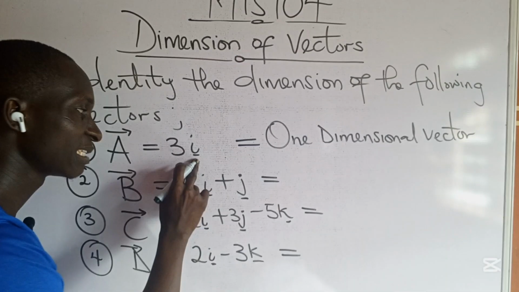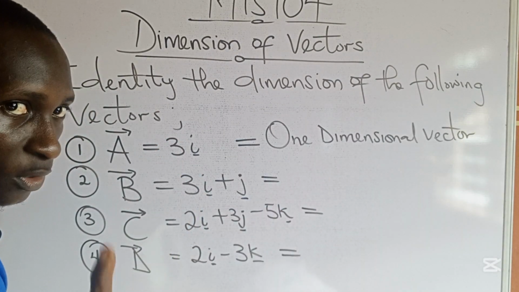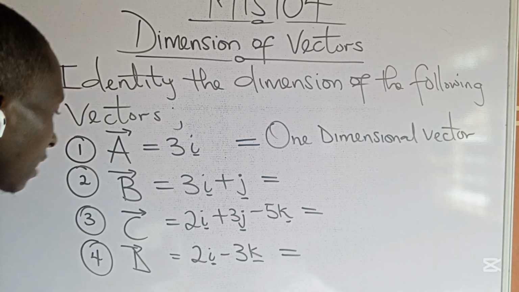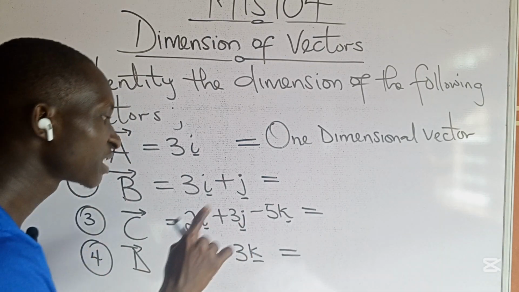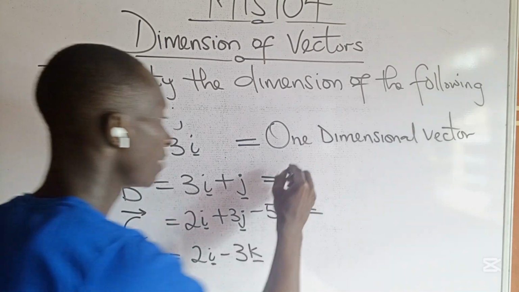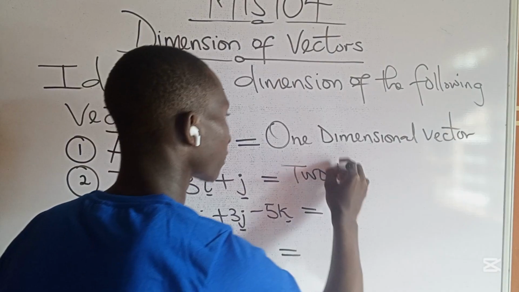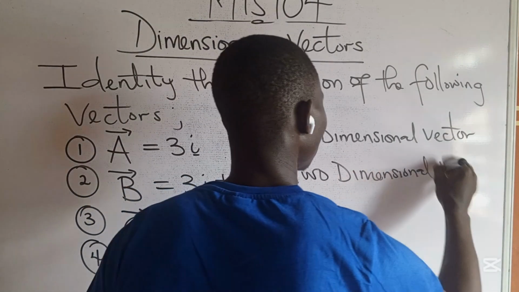Because it contains one dimension, I, which is with respect to the x-axis. Now B has I and J. That means its direction is being taken with respect to I and J. That means a two-dimensional vector, right?